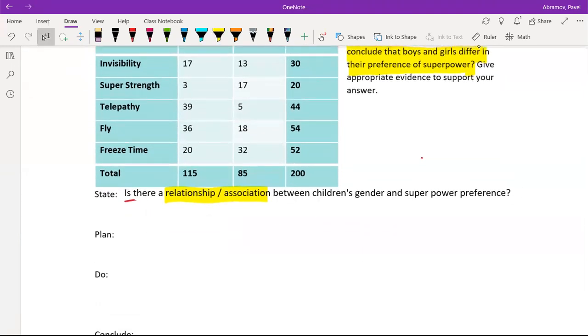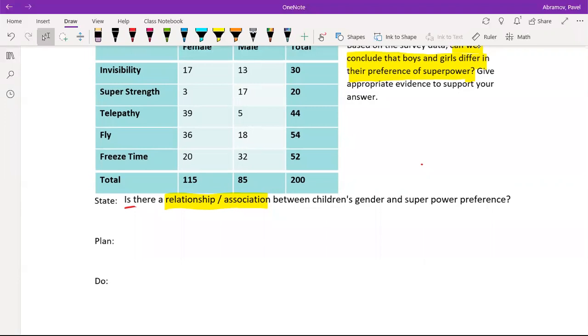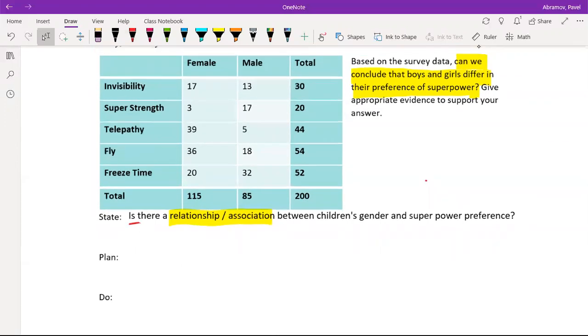We are suspecting here that gender affects superpower preference, so we have one variable possibly affecting the other variable. Therefore, we probably should find conditional distributions of the responses for males and females separately.